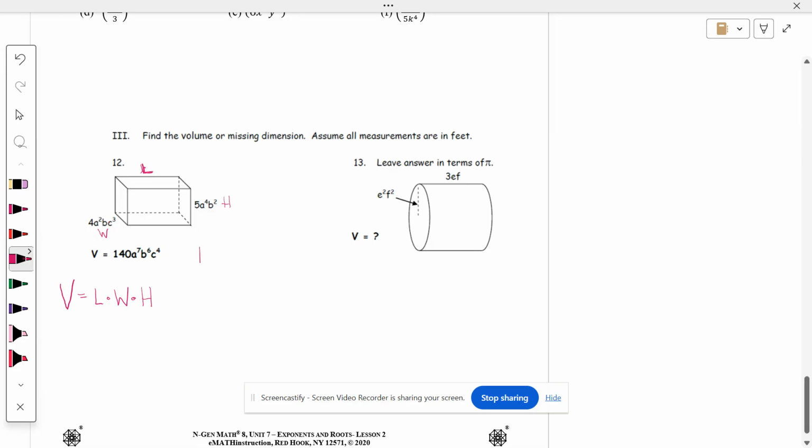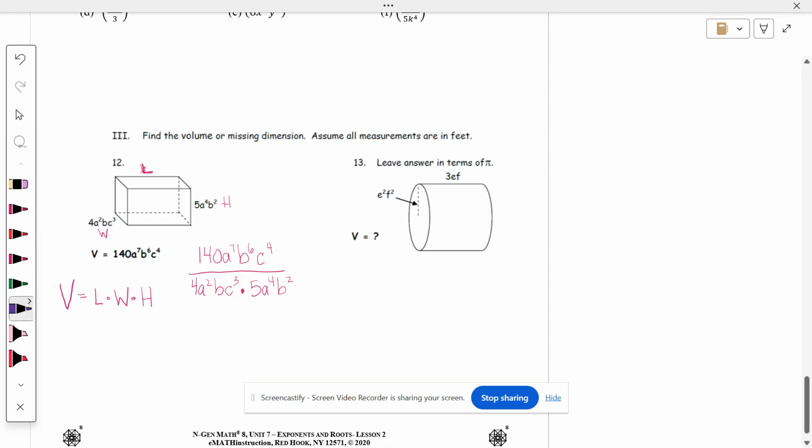If I know the volume, 140a to the 7th b to the 6th c to the 4th, I'm going to divide that by the product of my width and my height, 4a squared bc cubed times 5a to the 4th b squared.